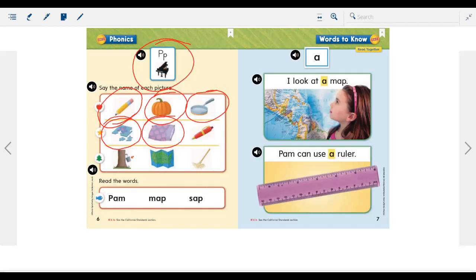P, P. Pen. P, pen. P, pail. This is a pail. Do you hear the P sound? P, P.